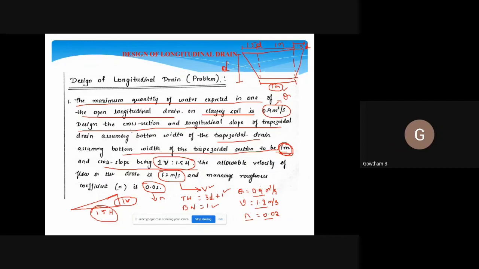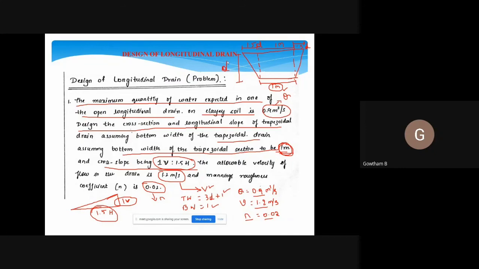You may ask, sir, what is this bed slope? Bed slope means, see, if you do not provide any bed slope to the longitudinal drain, water will remain in a stagnant state, correct? It won't flow off. To give a gravity flow, you have to give a slope to your longitudinal drain such that water will take its path through gravity only.